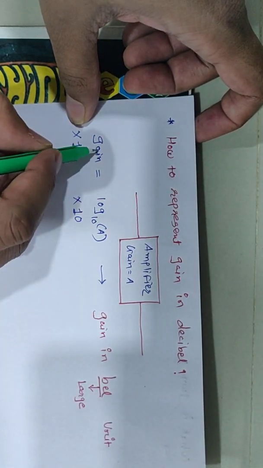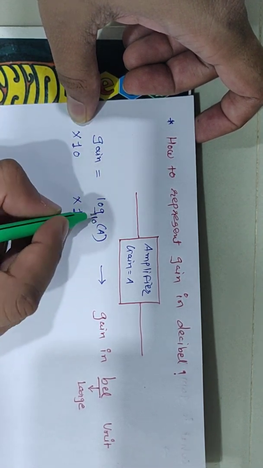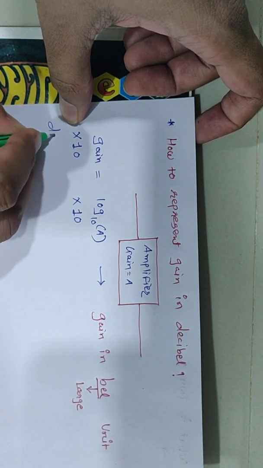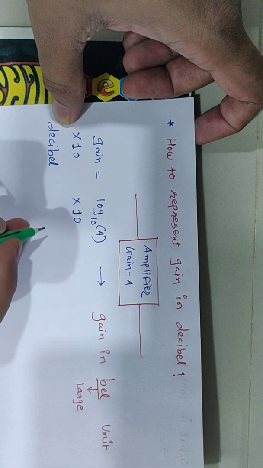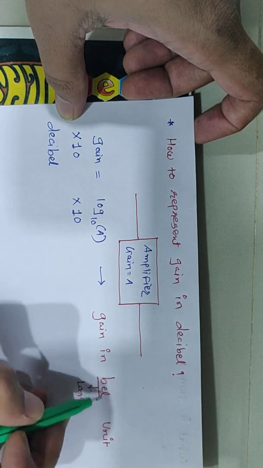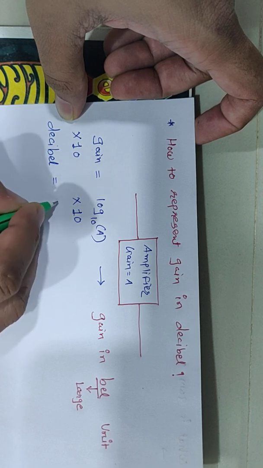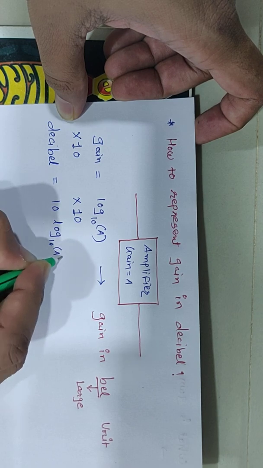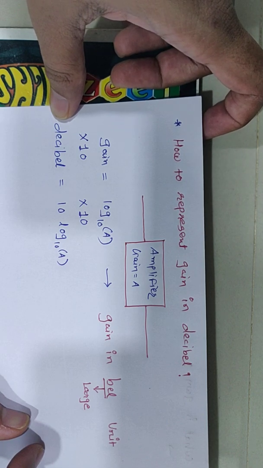Now the gain which is multiplied by 10 and converted into log scale, a new name comes into the picture, that is decibel. Okay, so decibel is nothing but the unit bel which is multiplied by 10. So the equation becomes 10 log. Okay, so finally this is the equation of decibel.